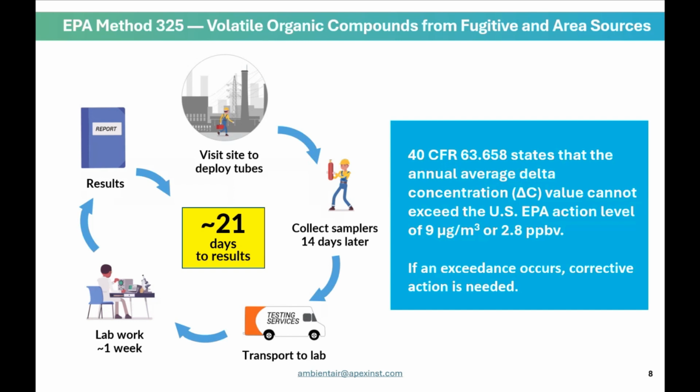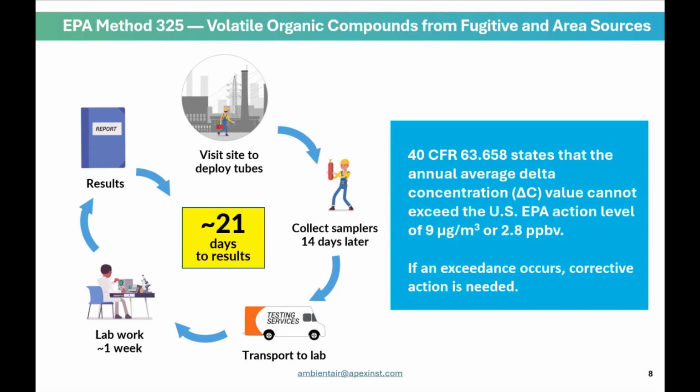To quickly summarize the full Method 325, passive sampler tubes are deployed on site at specified locations. They passively collect VOCs for 14 days, at which point they're recollected and transported to a laboratory for analysis, typically by thermal desorption, gas chromatography, and then mass spectrometry.